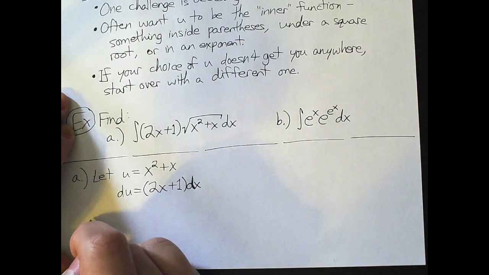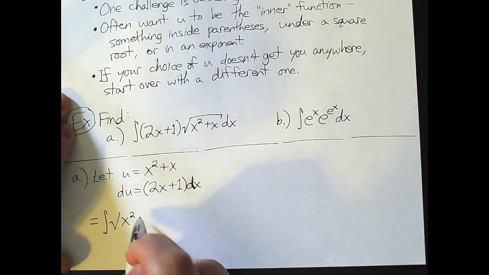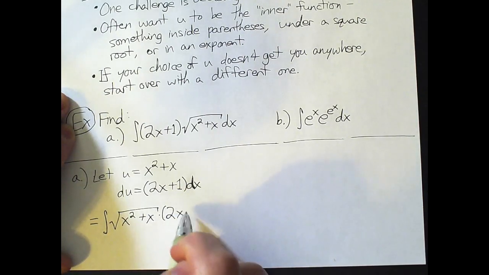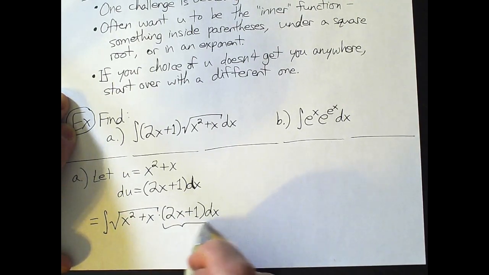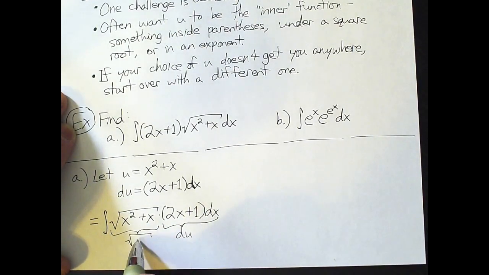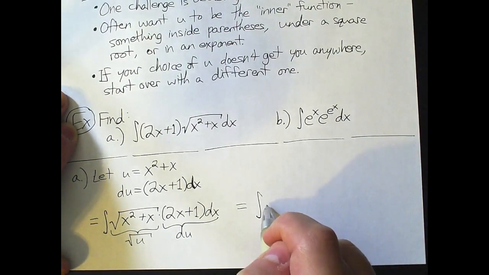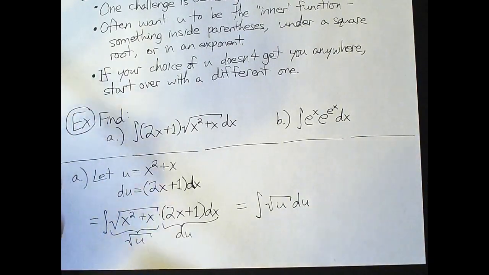I'll do my thing where I rewrite the problem, putting the part next to dx that kind of goes with it. This is going to be du. And if that's du, what's the rest of it? Square root of u. So we've turned this problem into a much simpler problem in terms of u.